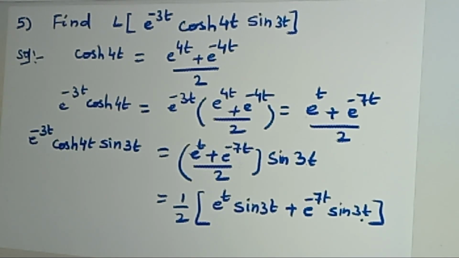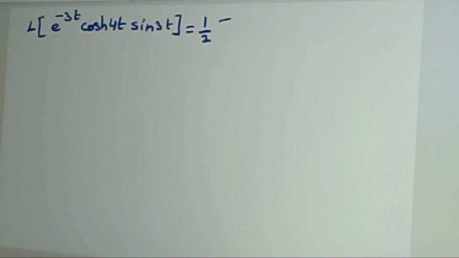Now, how do we proceed further? You can take Laplace on both the sides now. Taking Laplace on both the sides, you will be getting the next step as Laplace of e raised to minus 3t into cosh 4t into sin 3t as 1 by 2 into Laplace of e raised to t into sin 3t, फर्स्ट टर्म है और सेकेंड टर्म क्या है?